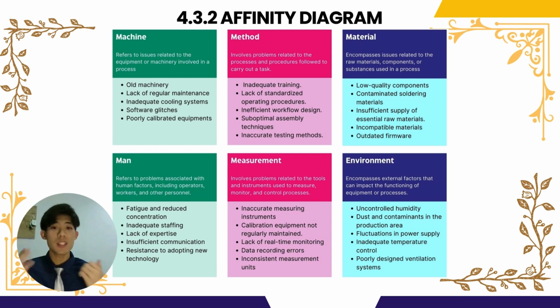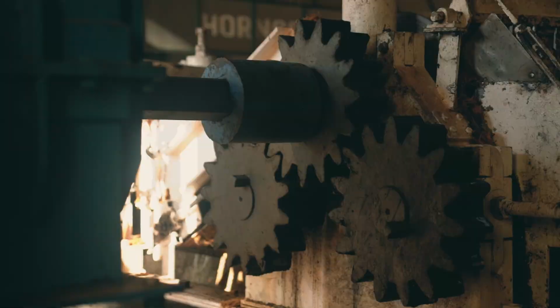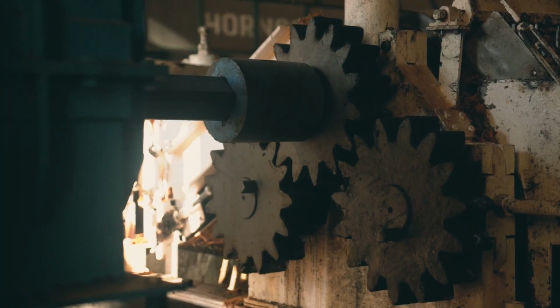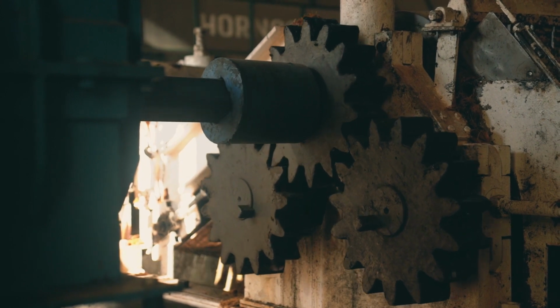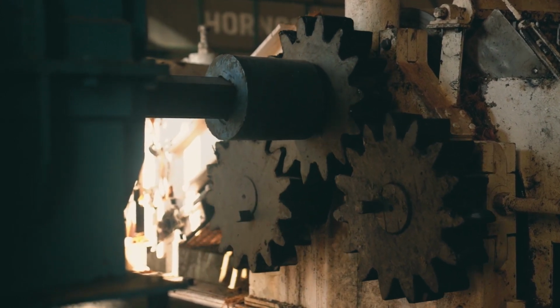So, we identified 6 categories of causes of equipment malfunction at Plexus Corporation, consisting of machine, materials, method, man, measurements, and environment. Machine issues include outdated machinery, lack of maintenance, inadequate cooling systems, software glitches, and robotic arms.